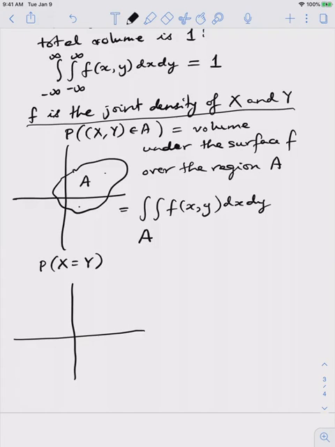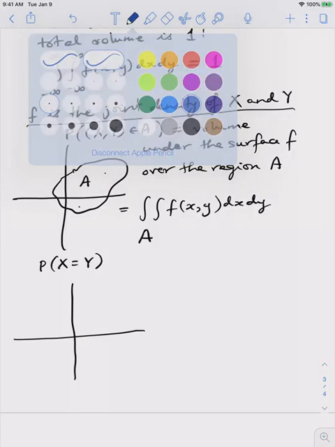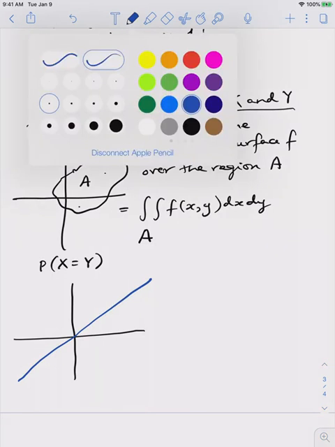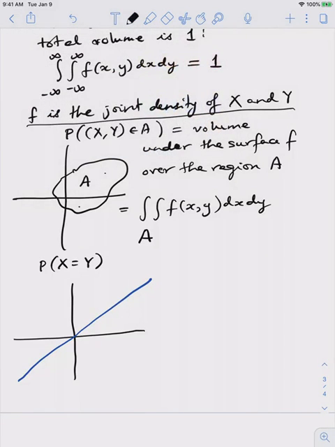That's all possible values, that's the plane. And let me see if I can use a different color. Now, x equals y, what region is that? Well, that's the x equals y line. It's kind of 45 degrees, not quite. My region is the x equals y line.